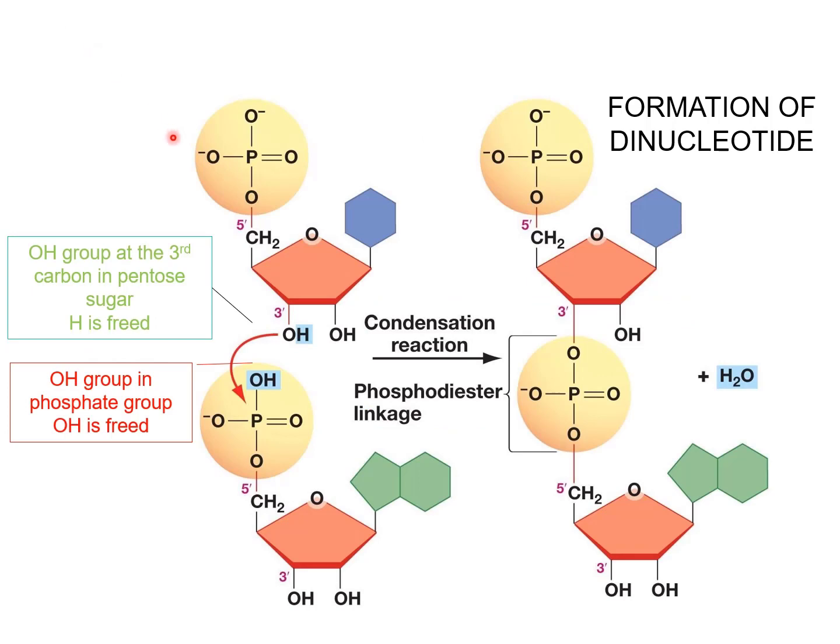Formation of dinucleotide. This is one nucleotide and this is another nucleotide. The nucleotides undergo the condensation process. During the condensation process, the hydroxyl group at the third carbon in the pentose sugar of one nucleotide is released, and at the same time the hydroxyl group in the phosphate group of another nucleotide is also released.